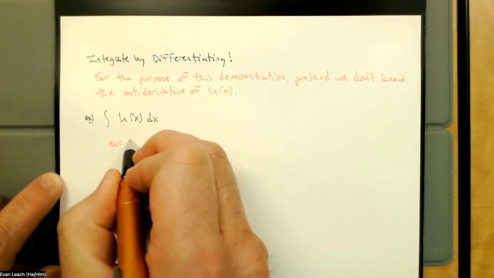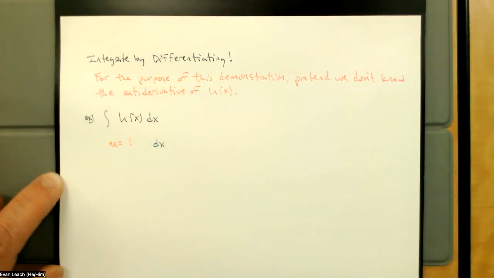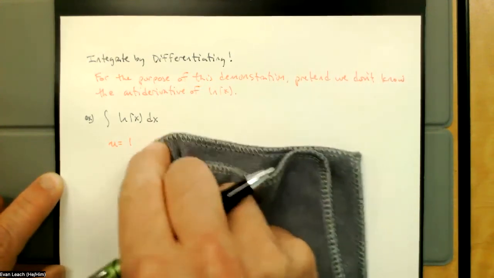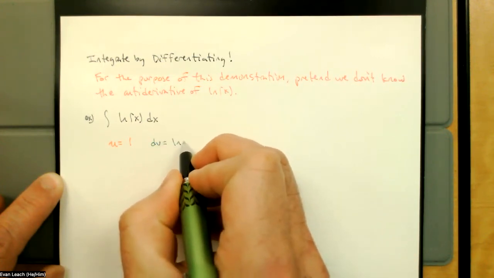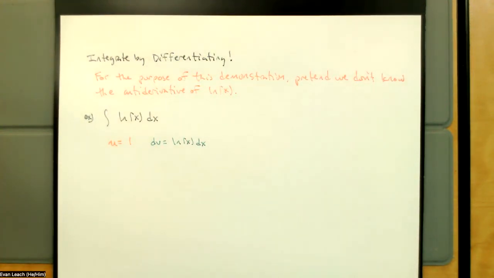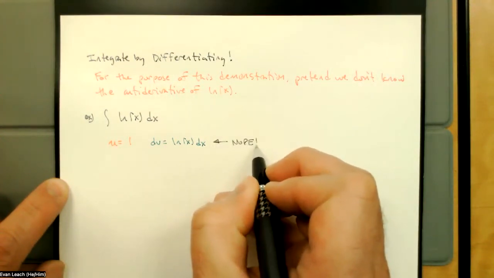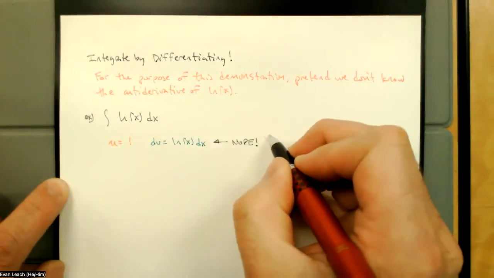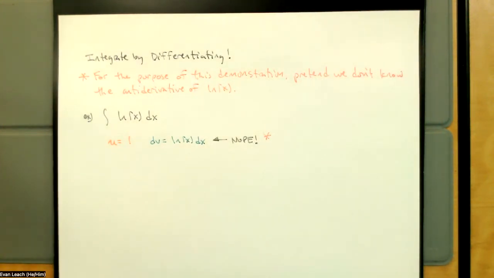So we know that this doesn't work. We're going to pretend that we don't know. Oops, it's v, not x. Because we're pretending that we don't know the antiderivative of natural log of x, this is still not okay to do parts this way. And the reason that we're going to nope out of this is that for the purpose of this exercise, we're going to pretend that we don't know this antiderivative.